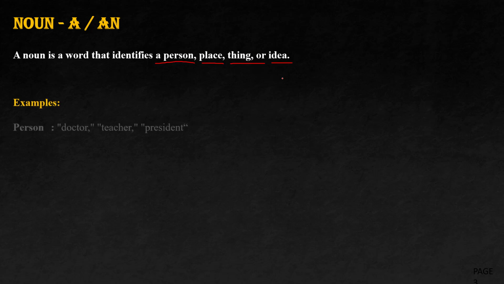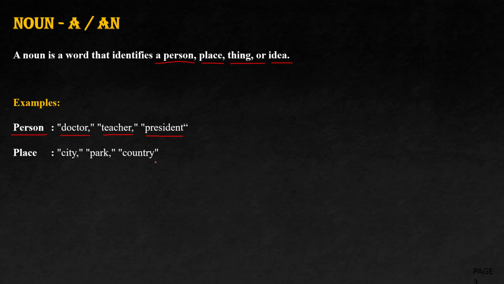For example, for a person: doctor, teacher, president, etc. are nouns. For places, we have city, park, country.